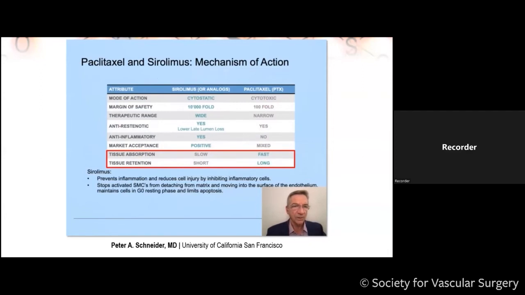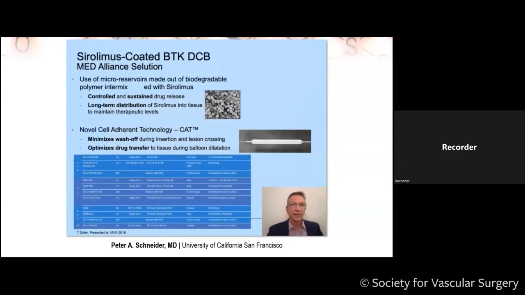Now, there are some advantages to sirolimus in that it is cytostatic rather than cytotoxic. The challenge with sirolimus is tissue absorption and tissue retention, which tends to be more challenging than with paclitaxel. Nevertheless, there are several sirolimus compounds which are in development. This is a Med-Alliance BTK-DCB, which is being studied under an IDE in the United States.